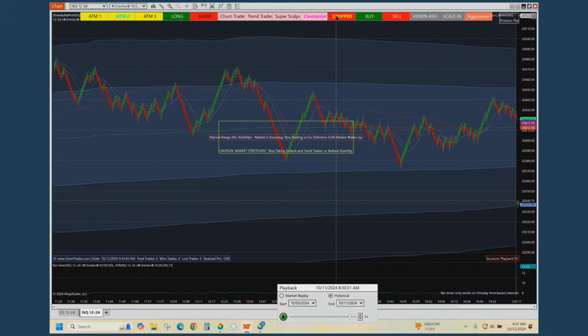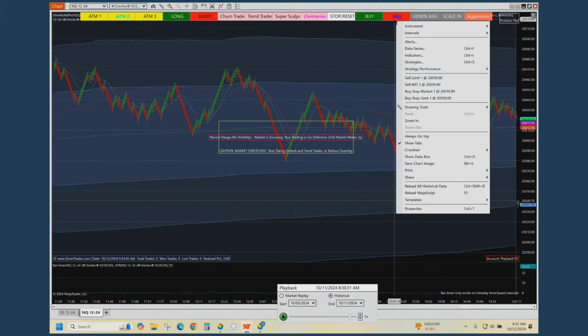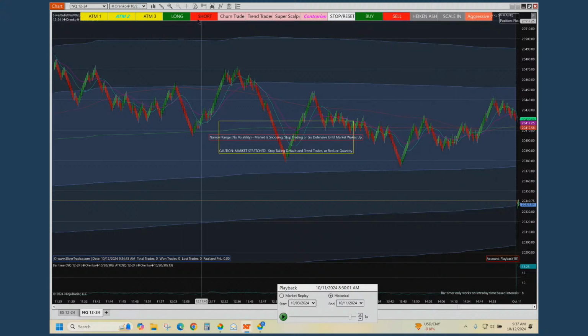And this is the stop button, which stops the trade manually instead of automatically. And these are manual buy sell buttons. So in addition to automated long short buttons, we have manual buy sell buttons as well.